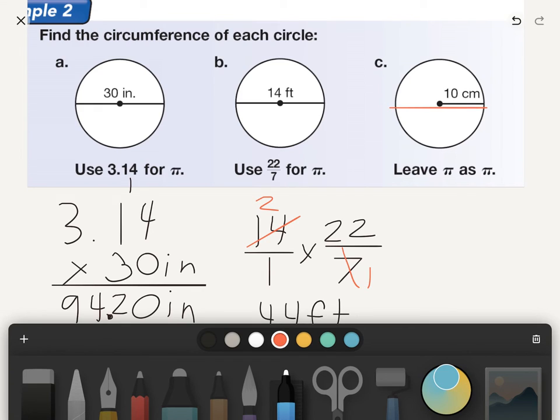I would say that if you look at the diameter and it turns out that one of them is a multiple or a factor of 22 or 7, and it's going to work out to where you can do some cross-canceling goodness, then I would say that would be your indication of the way you go. So looking at that, you can see the 14 feet and immediately see, oh, hey, I can cross-cancel that with the 7. Cool.